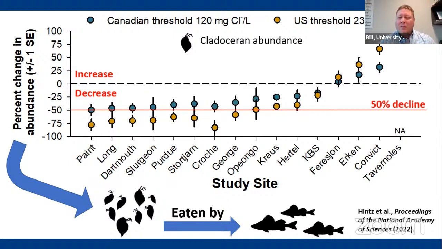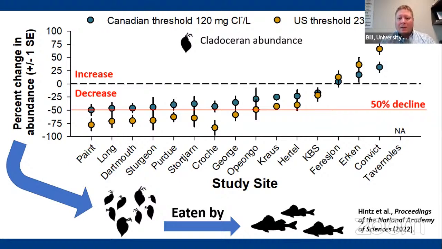If a point is above the dashed line, it's an increase in their abundance. If it's below the dashed line, it's a decrease in their abundance. And I think if you look at the vast majority of the study sites, they're all below that dashed line, and the solid red line is a 50% decline line. Now, one dot is the Canadian threshold of 120. Remember, I told you to remember these thresholds.